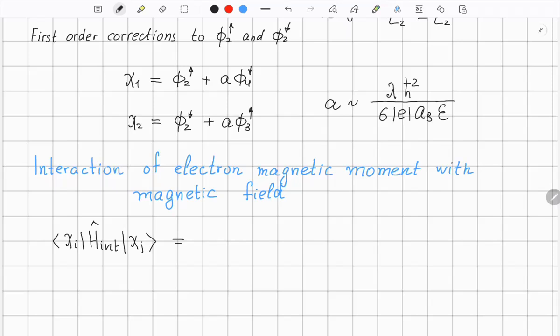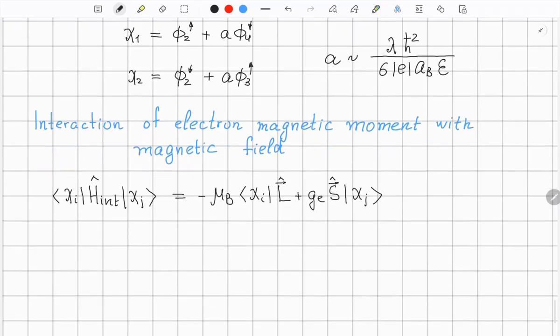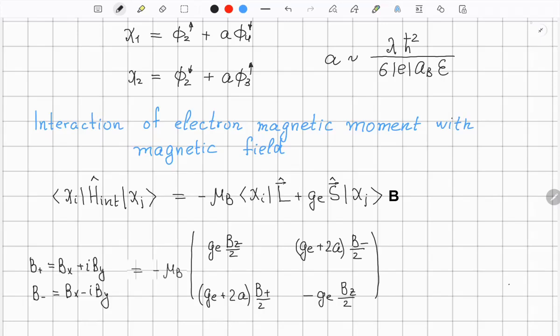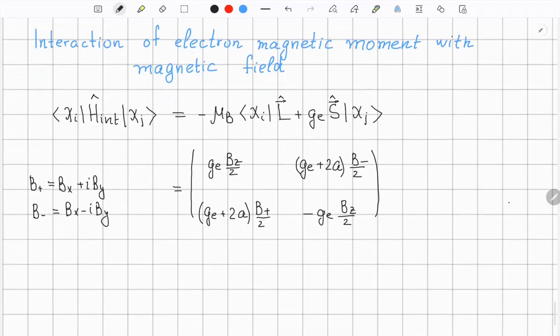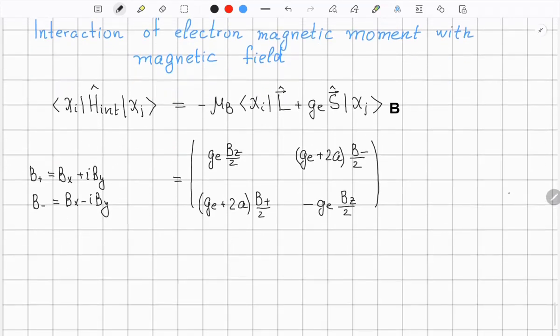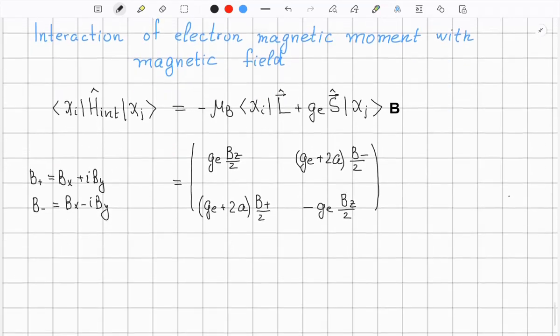By recalling the explicit expression for the interaction Hamiltonian of the electron's magnetic moment with the magnetic field, we obtain this. In the first order approximation, this yields a 2 by 2 matrix where B plus is defined as Bx plus iBy and B minus is defined as Bx minus iBy.